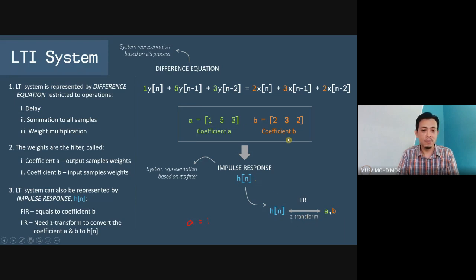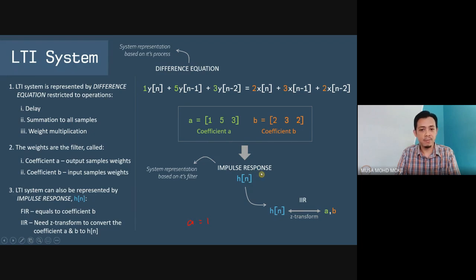The other way, right. But for implementation, whatever it is, when you want to implement it on your digital system, this is the one that we apply. This is the one that we store in our ROM, and this is the one that we run on our processor. It's not h[n], it's not the impulse response. So why do we need impulse response?